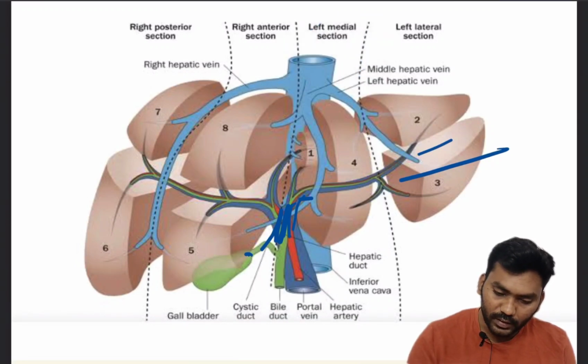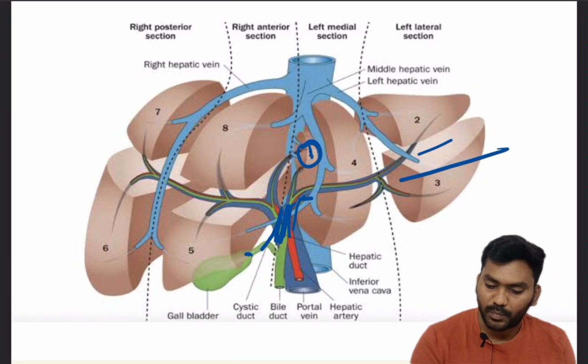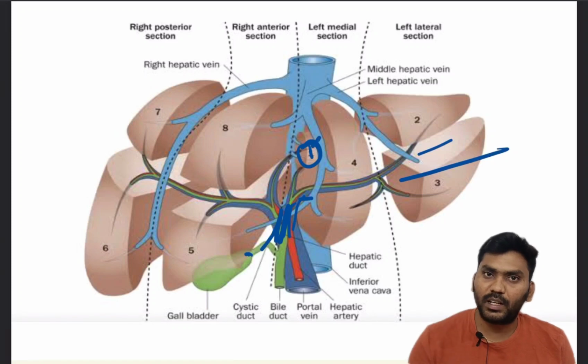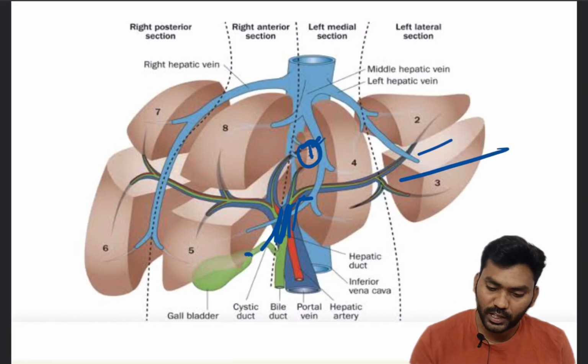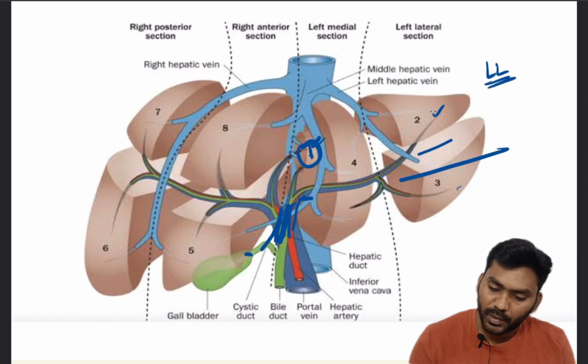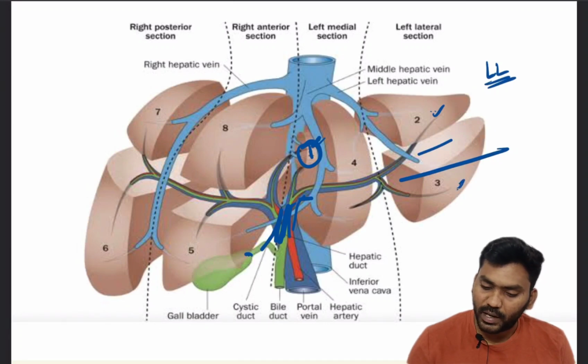So let us talk about them. Coming to the first segment, this segment is surrounding the IVC. The IVC lies ventral to this first segment, that is the caudate lobe. Coming next, the left lateral part will be divided into upper segment 2 and lower segment 3.